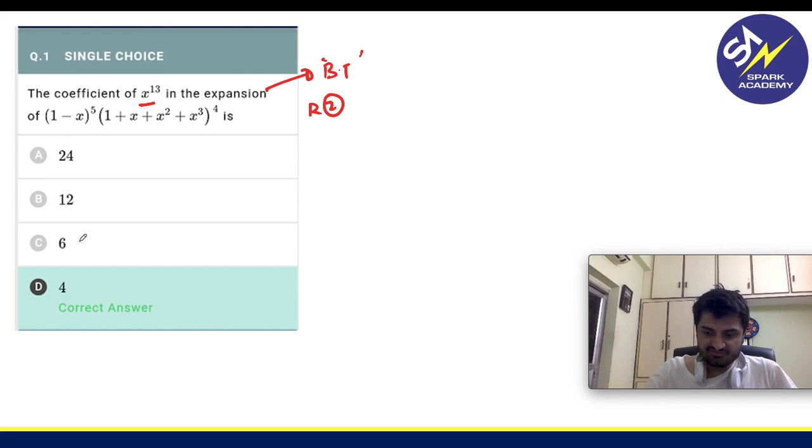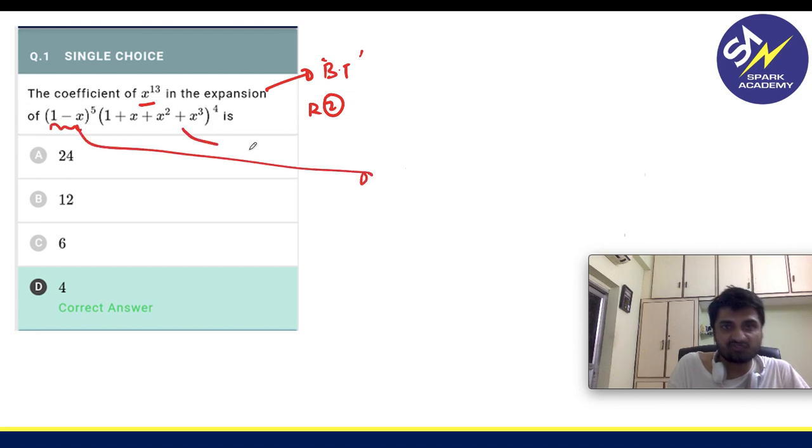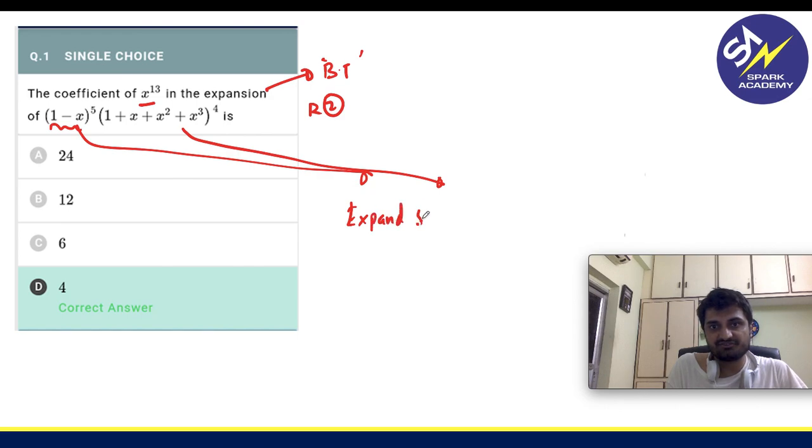Now what about this? Finding the coefficients. So this is a standard binomial expansion. Now they're asking for x power 13, right? One way is to expand this using the binomial theorem and compare coefficients.